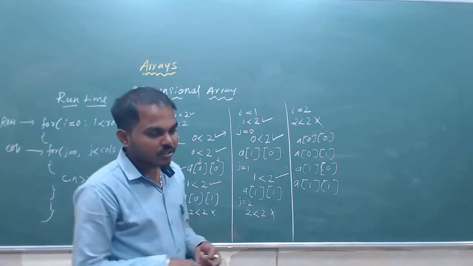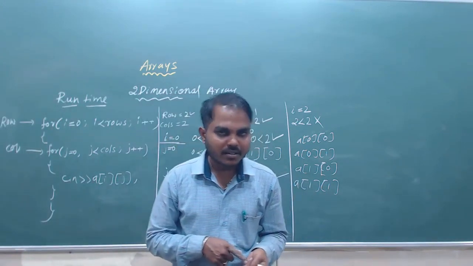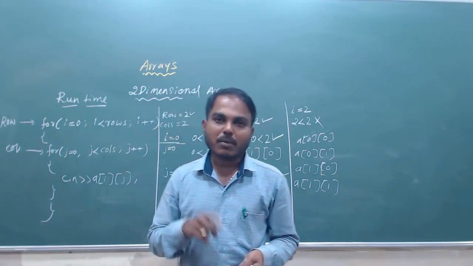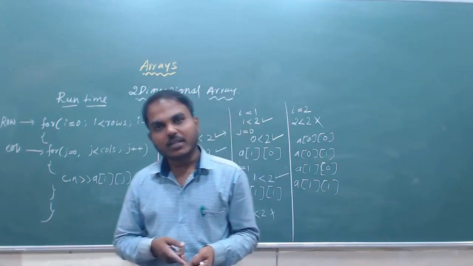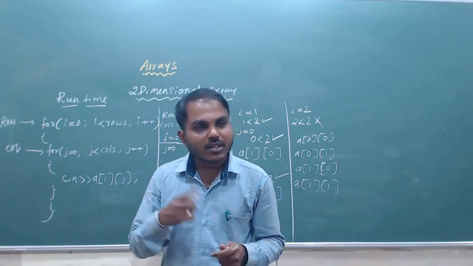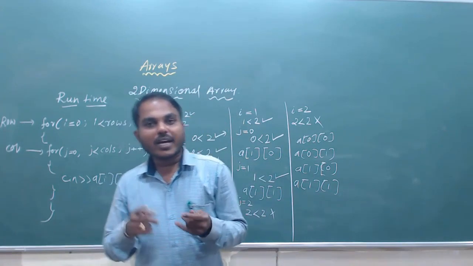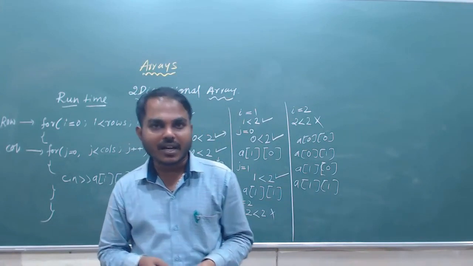So today we have learned how to identify a two-dimensional array. That was the first point. By using two subscripts, we identify whether the given element is two-dimensional or one-dimensional. The next point is where and what is the use of a two-dimensional array.